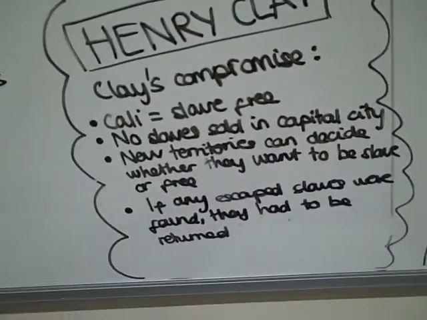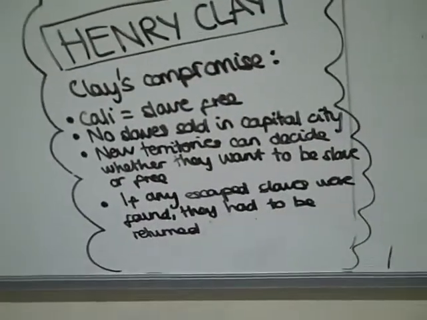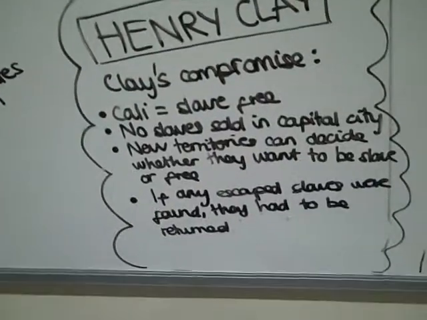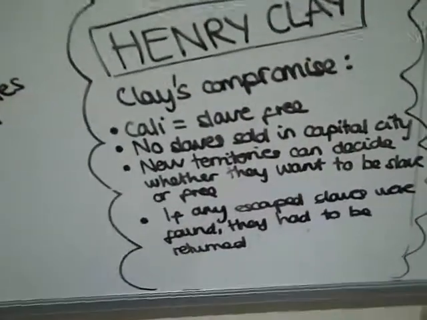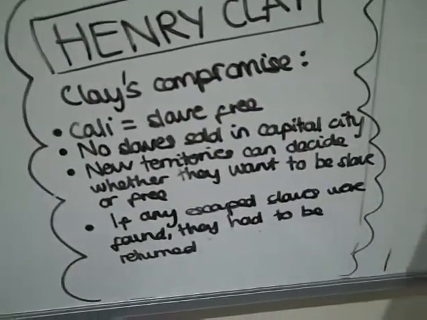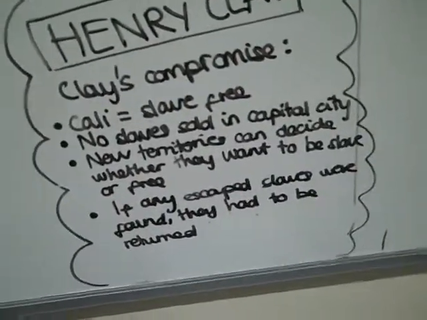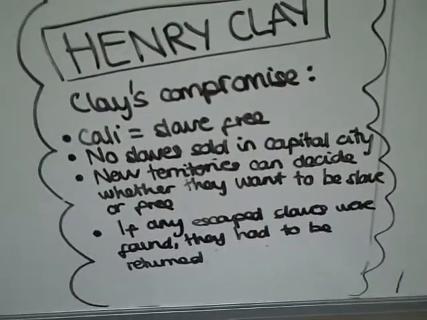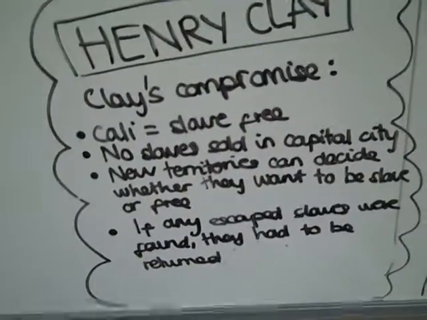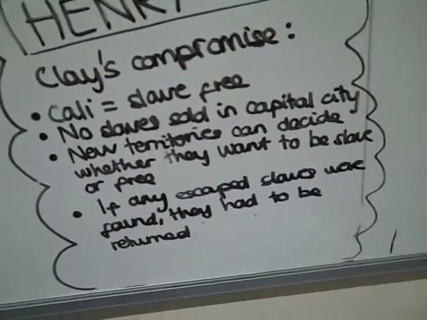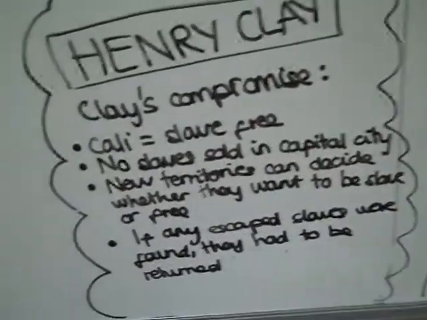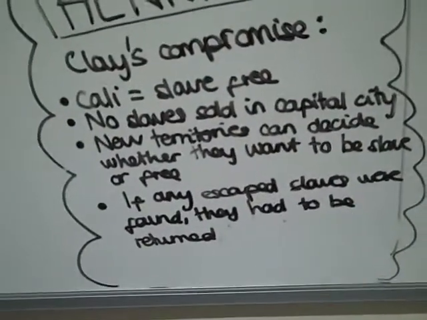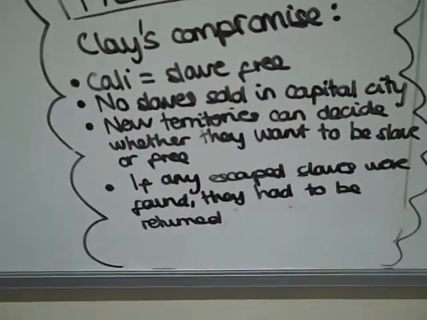And he gets agreement on 4 things. 1, that California should become slave-free as it enters the United States of America. 2, that the sale of slaves should be banned in the US capital, Washington, D.C. 3, that territories like New Mexico and Utah that have been gained from Mexico, instead of automatically saying they should be slave-free, they should actually decide for themselves if they wanted slavery or not.